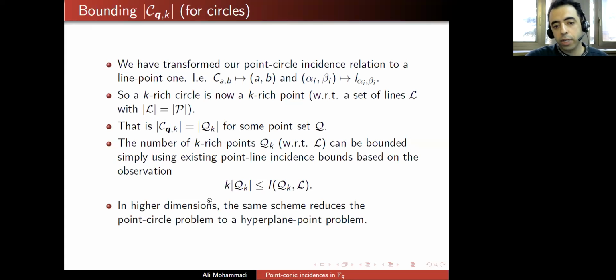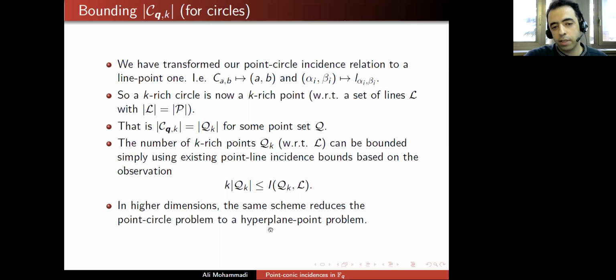The exact same idea works in higher dimensions as well. So higher dimension point-circle incidences turn into hyperplane-point incidence problems. And like I said, for large sets, we have good hyperplane-point incidence bounds by Vinh. For 3 dimensions, we also have one by Rudnev.